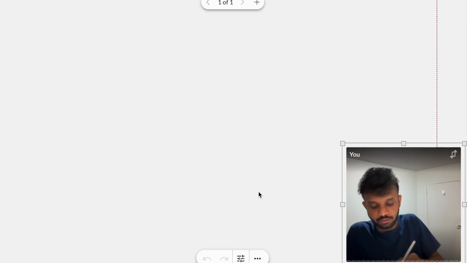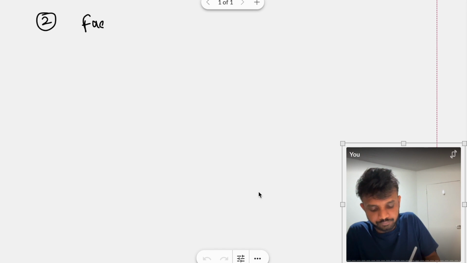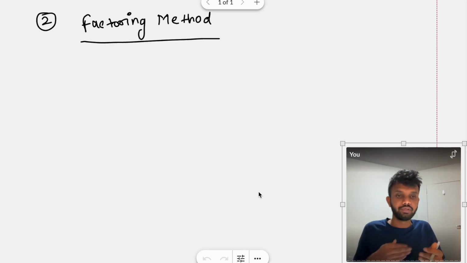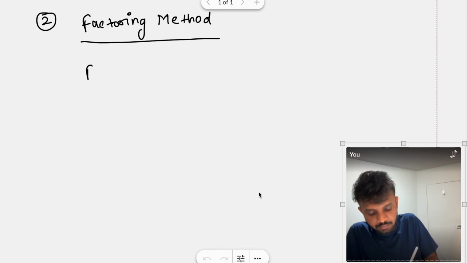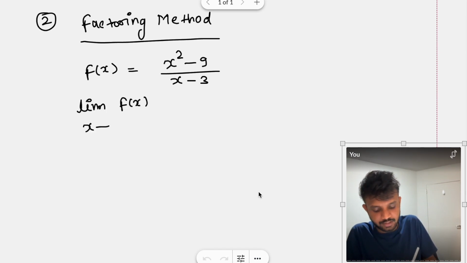Now we'll discuss more concepts of the limit. The next method to find the limit is the factoring method. Here we factor the function and try to find the limit. Suppose my function f(x) is equal to x square minus 9 over x minus 3, and I want to find the limit of f(x) as x tends to 3.